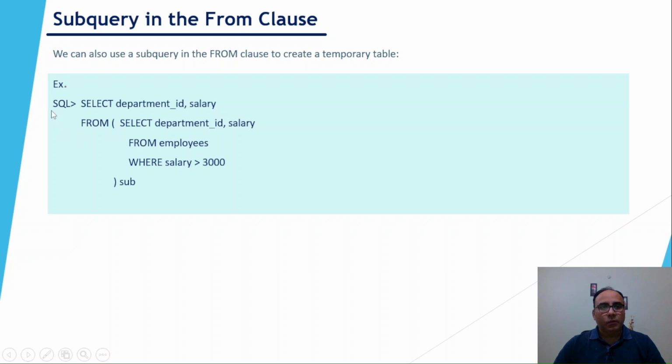For example, select department_ID, salary from, select department_ID, salary from employees where salary greater than 3000. This particular subquery with alias sub will work all together as a separate table. So this is also one of the features of subquery.